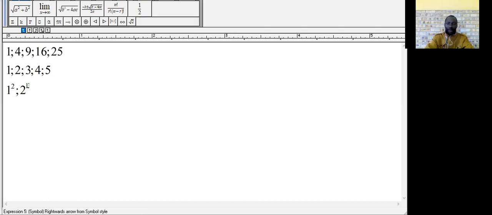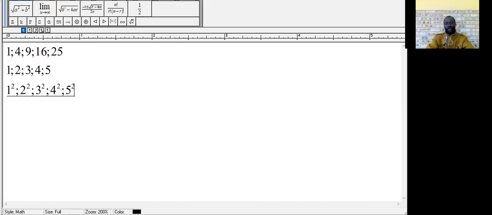We also do the same, we square. Then for the third position, we also square. Then for the next, which is 4, we also square. Then the next is 5, which we also square. Like that.